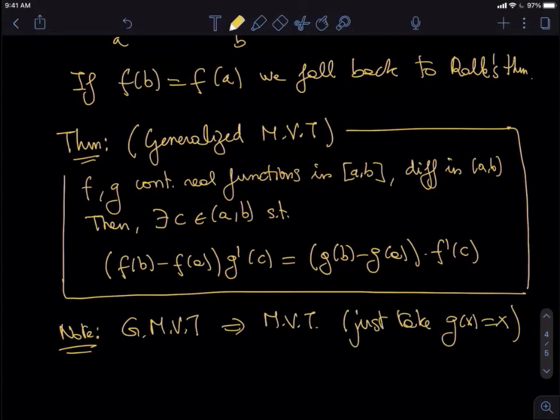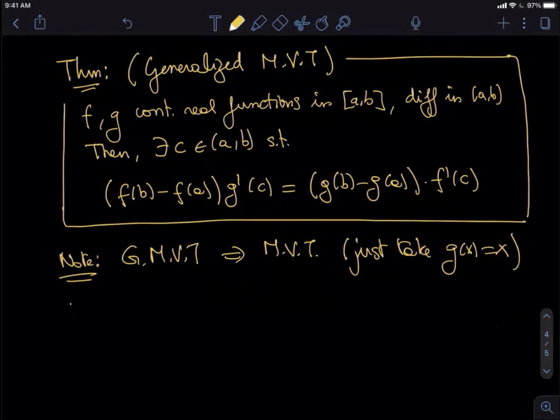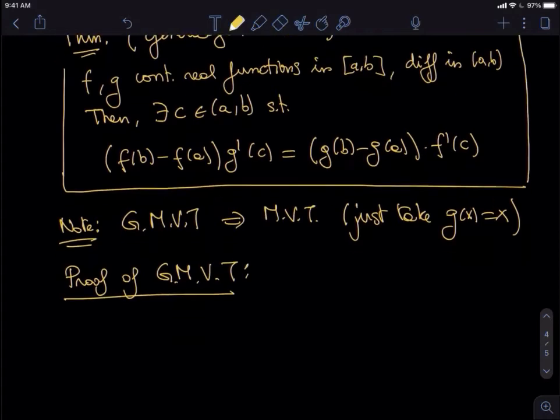And then we fall back to the mean value theorem. So we will prove the generalized mean value theorem. But this one is very easy actually. Once we have proved Rolle's theorem, the job is basically done.